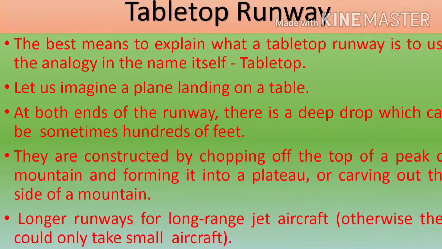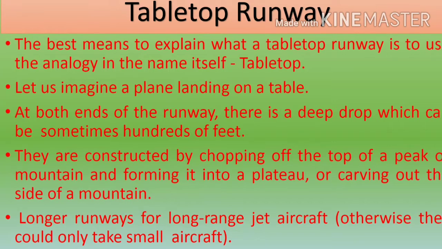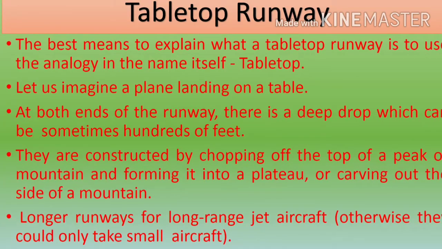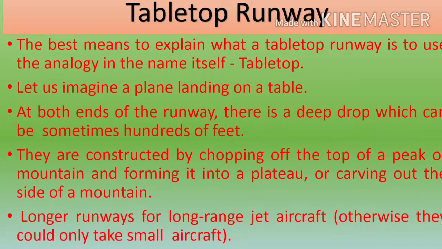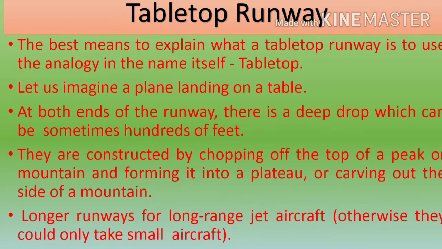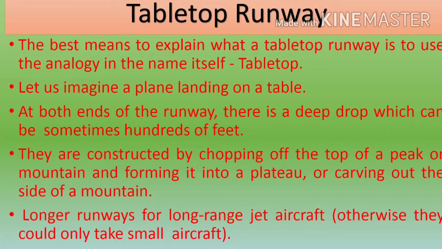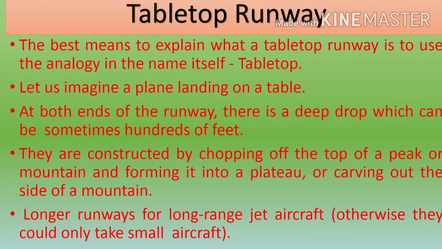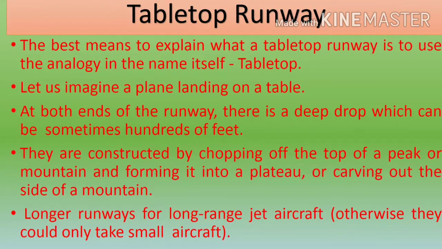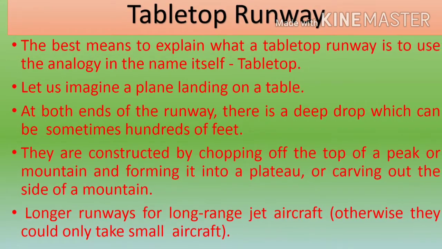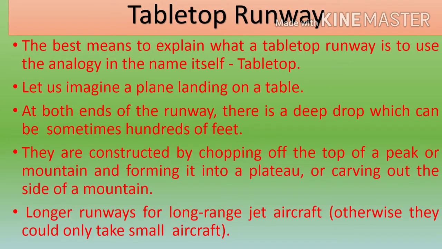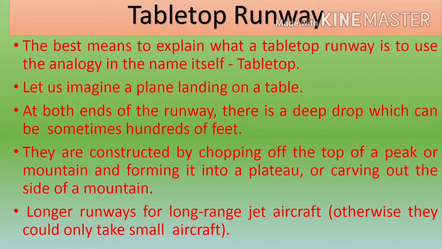Tabletop runway? The best means to explain what a tabletop runway is is to use the analogy in the name itself, that is tabletop. Let us imagine a plane landing on a table, which is at a certain height from the sea level or from the ground level.